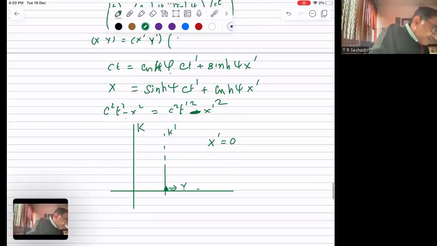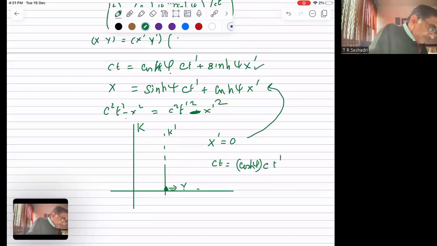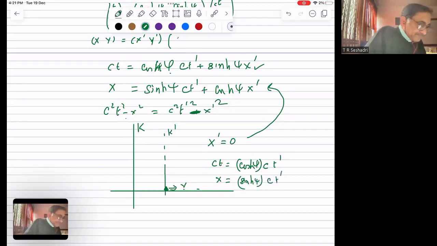Now, if I put this x prime as 0 here, it says that Ct is equal to cos hyperbolic psi Ct prime, since x prime is 0, and x is equal to sine hyperbolic psi Ct prime.